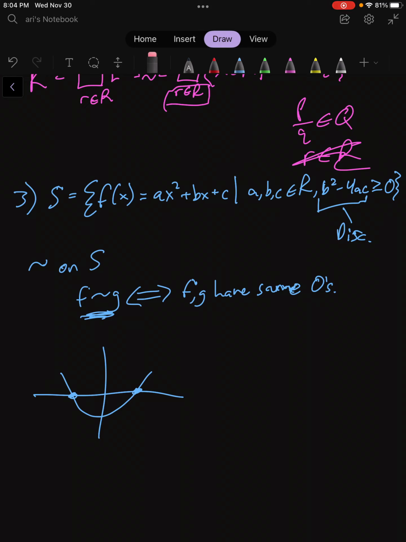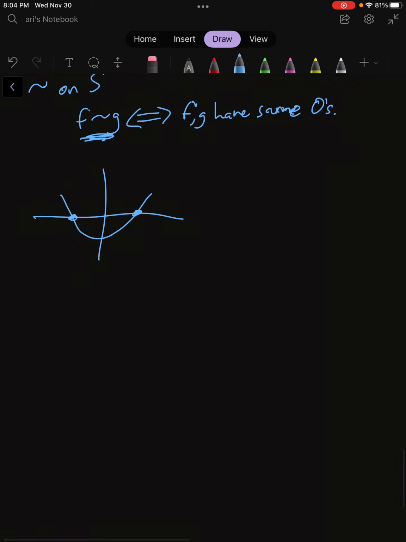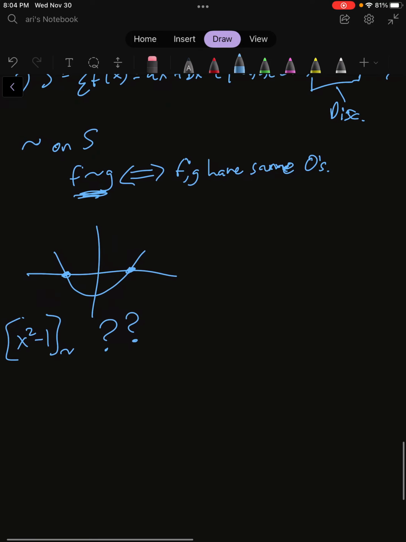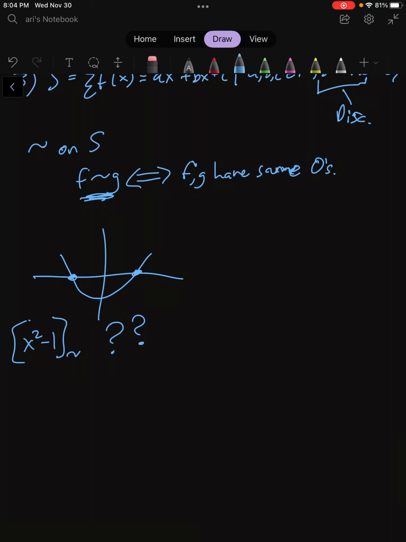And now the question that we're asked is, what is the equivalence class of x squared minus 1? What is that? Big question marks. I'm not sure. So remember, to be equivalent to this function, let's call this one g of x, for f tilde g, they have to have the same zeros.